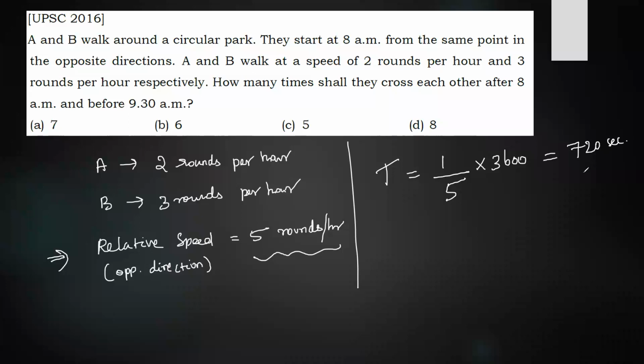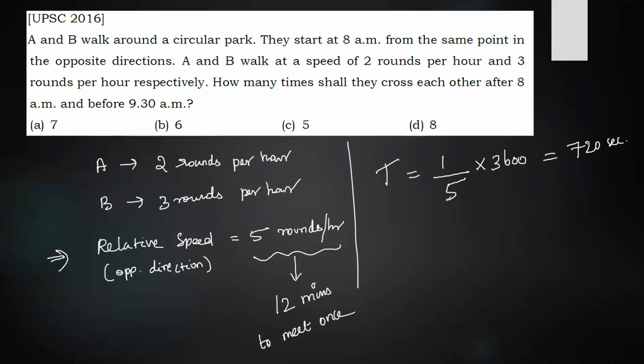That is per hour, right? 1 by 5, what is the meaning there? One round per relative speed. So 5 rounds per hour. So for 1 hour will be 1 relative speed, which equals 720 seconds. Good. So for them to meet once, it takes 720 seconds.